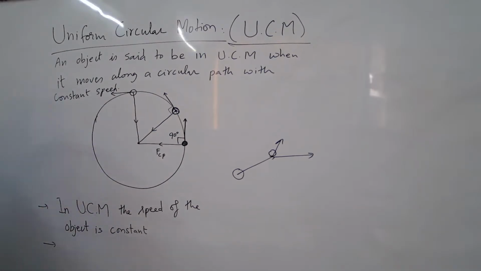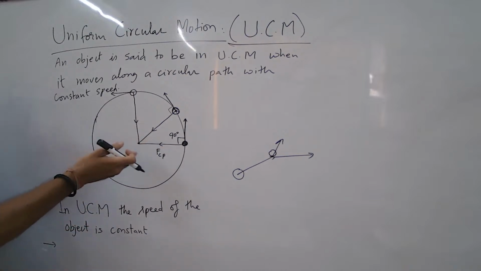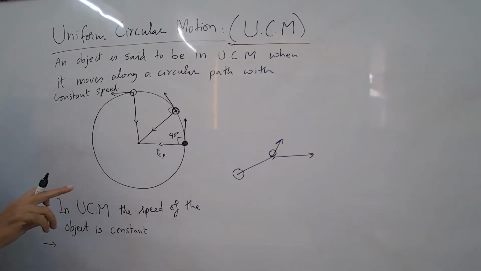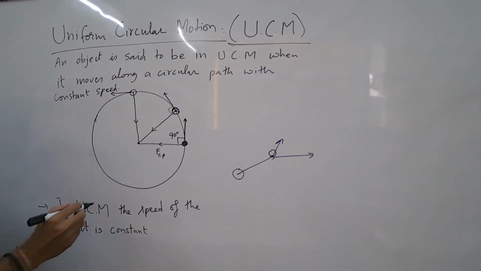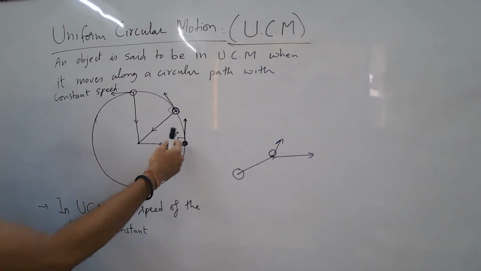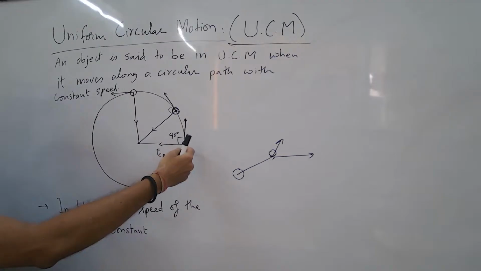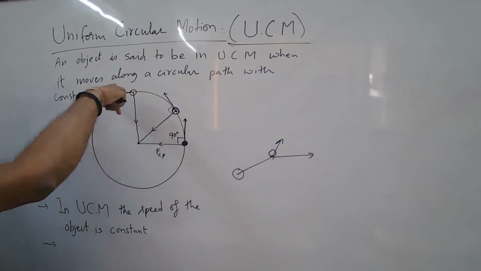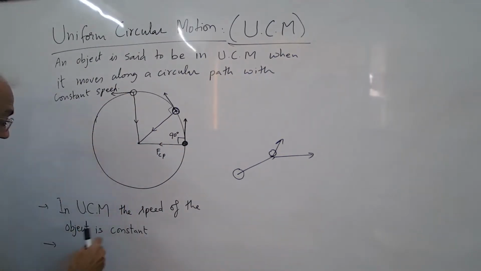Nobody can move in a circle unless it is experiencing force towards the center of the circular path. Like in the case of Moon and Earth, there is a gravitational force between them, which is always towards the center. So without centripetal force, UCM is not possible.